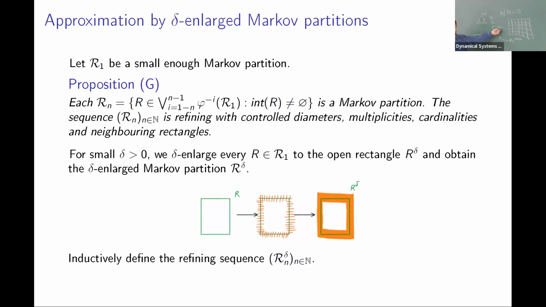And you want to squeeze it between rectangles. Like find a small enough rectangle inside the ball and rectangles that cover that ball. And this uniform boundedness, for how many rectangles intersect, will really tell you that you have uniformly many rectangles of size similar to that of r needed to cover the ball.